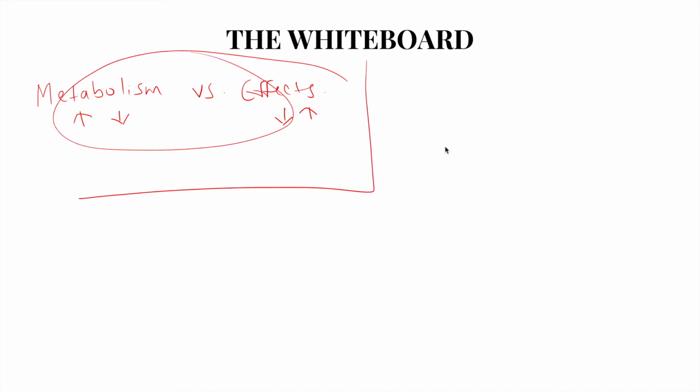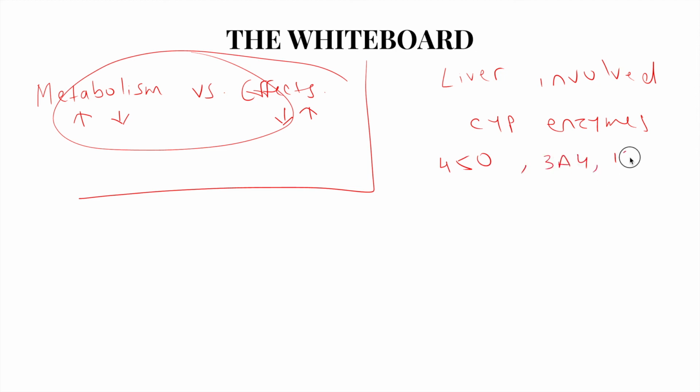That's the first thing. The second thing we need to remember in drug-drug interaction is when liver is involved, we have CYP enzymes that play a role, such as 450, such as 3A4, such as 1A2, right? We've already looked at that.